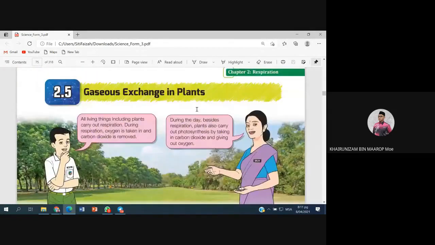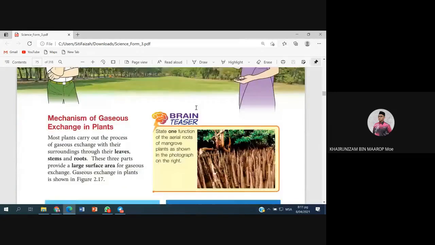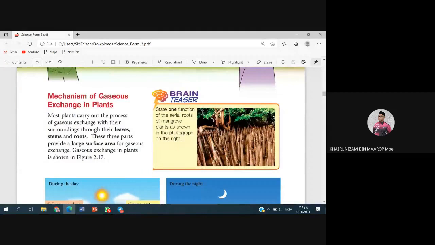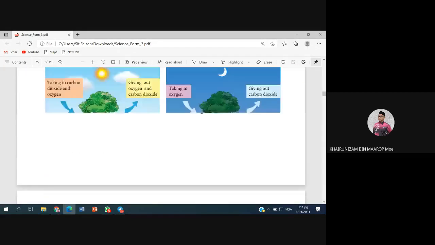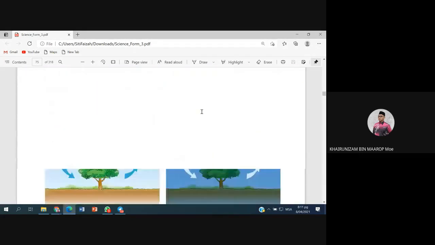All right, so today we continue 2.5, gases exchange in plants. You can refer to your screen devices or your textbook, page 67.